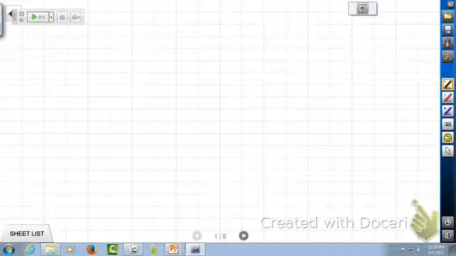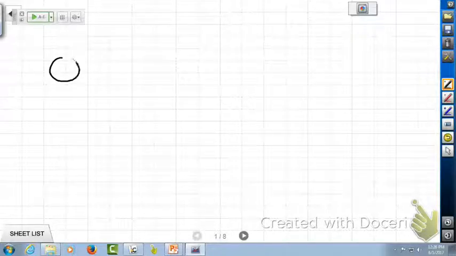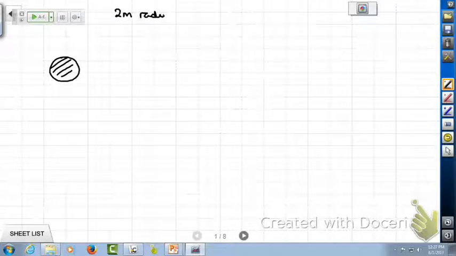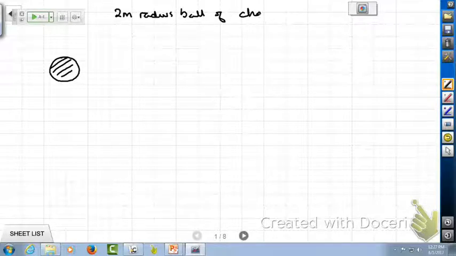Okay. So then let's say we have a ball of charge, and let's say that this ball of charge is a 2 meter radius ball of charge.